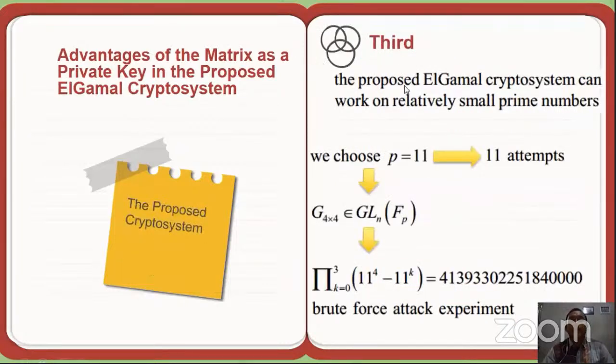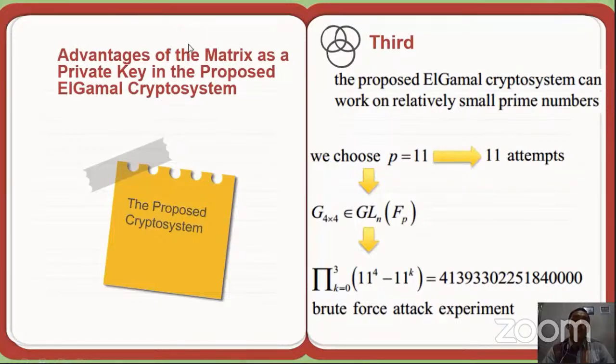Third, the proposed algorithmic crypto system can work on a relatively small prime number. For example, we choose P is 11. In the algorithmic crypto system, the hacker can attack by an 11-attempt brute force attack.